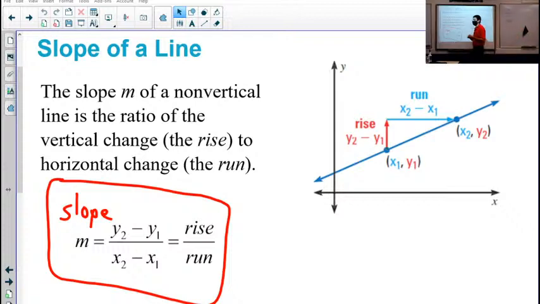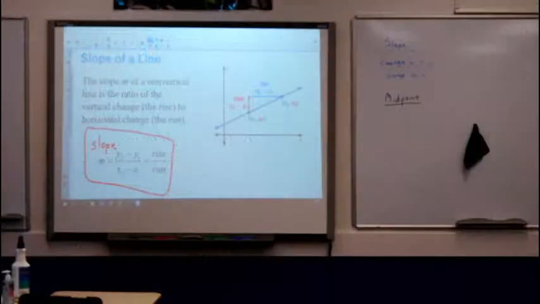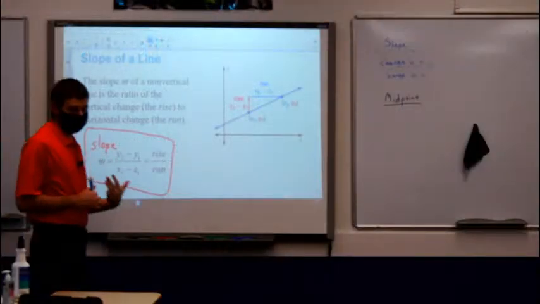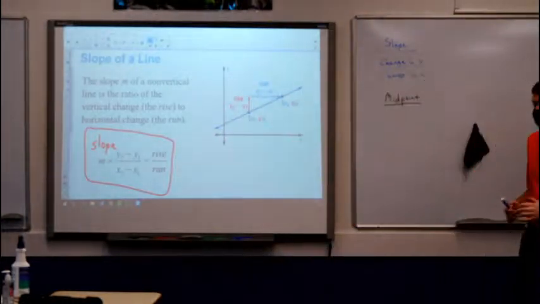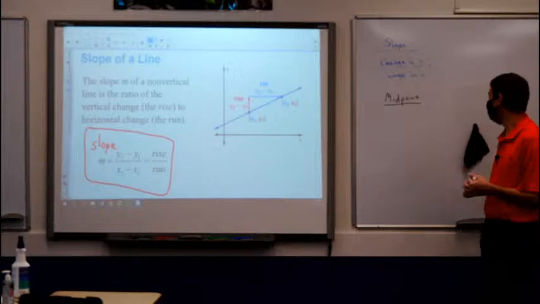And that's the way we talked and thought about slope. And so, if we're thinking about change in y over change in x, then our slope formula should be change in y.